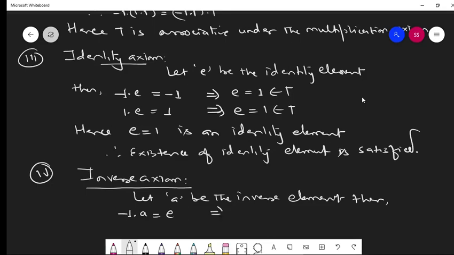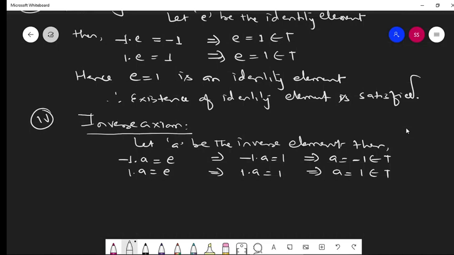So this implies -1 dot A equals 1, that implies A equals -1, which belongs to T. Similarly, by taking another element, 1 dot A equals E, this implies 1 dot A equals 1, also implies A equals 1, which also belongs to T. So both -1 and 1 have inverse elements.